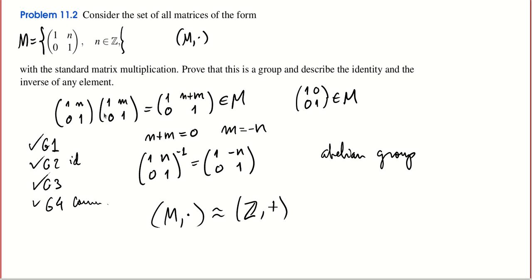And the product of these two matrices corresponds to the sum of these two integers. So you have this isomorphism. You have a function that maps this matrix into n. So that's a mapping from the set to Z.